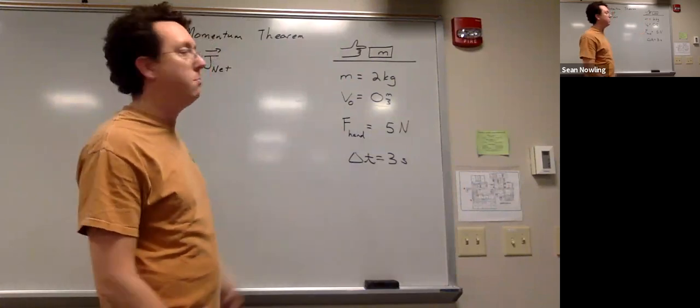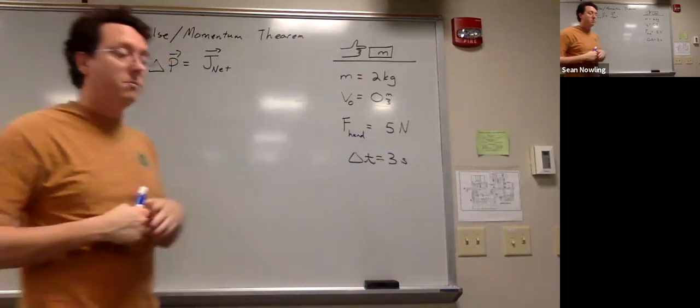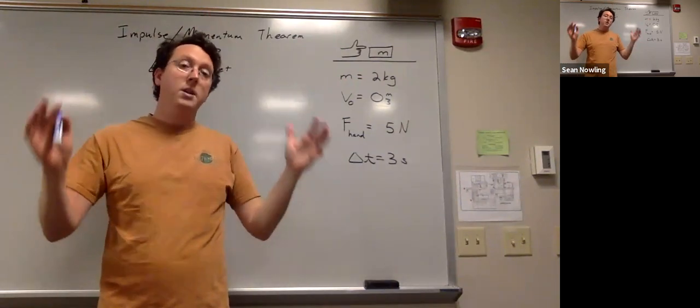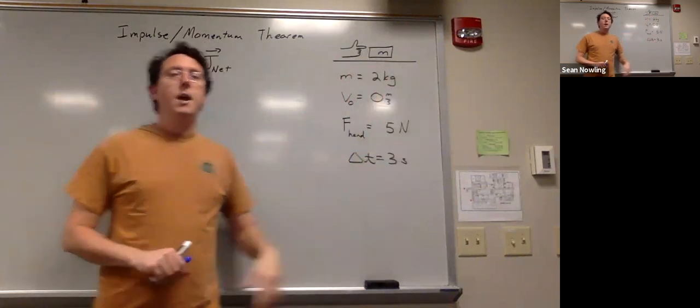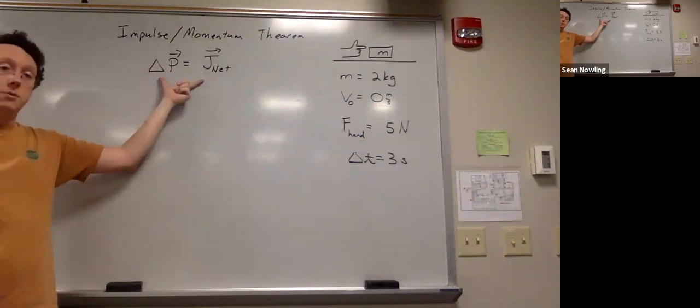So I can just plug in, right? When I start one of these problems with impulse and momentum, the place where I start is first to define my system. It's the block. After I do that, I write down delta P equals J.